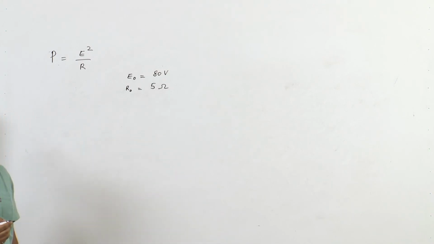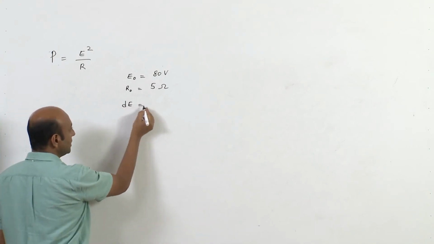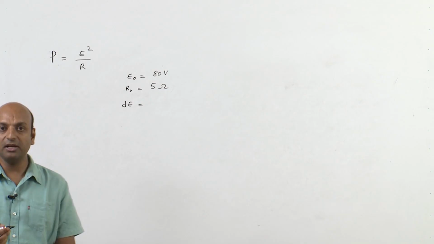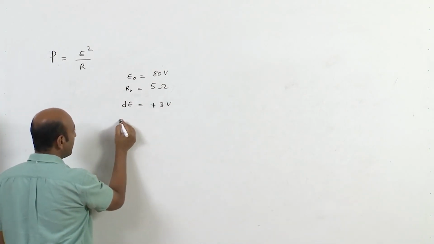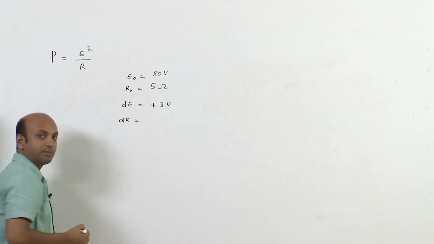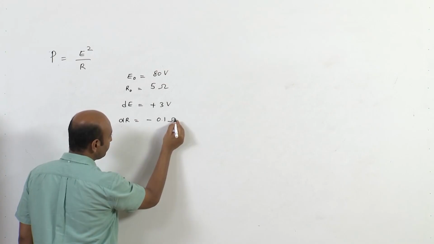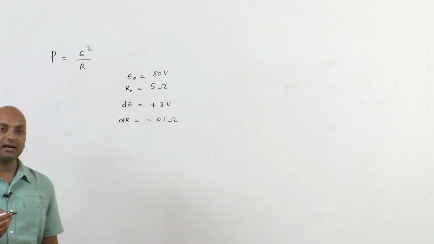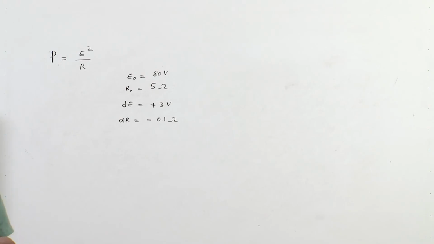Okay. dE is, it is increased by 3 volt, that is plus 3 volt, and dR is decreased by 0.1 ohms, that is minus 0.1 ohm, and we have to find the corresponding change in the power consumption.